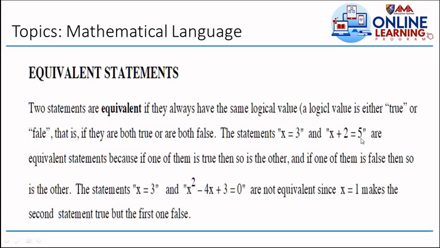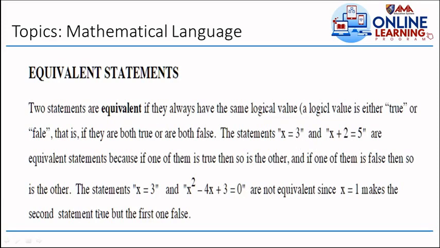That means if x is equal to 3, this is your statement A, and this is your statement B, 3 plus 2 is equal to 5, which means statement A and statement B are both true. So this is an example of equivalent statements.